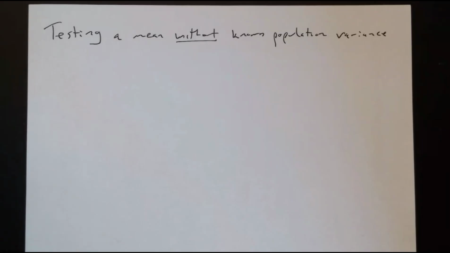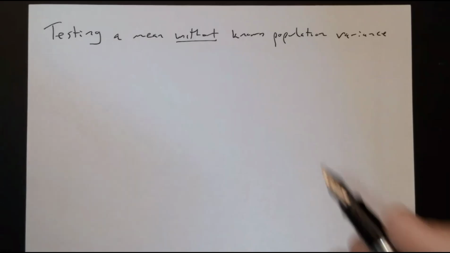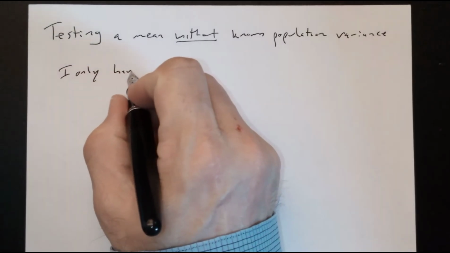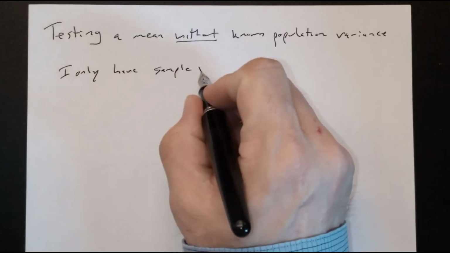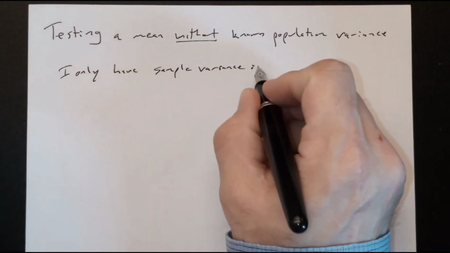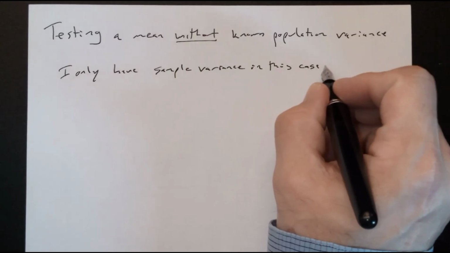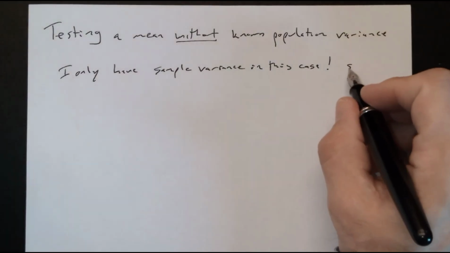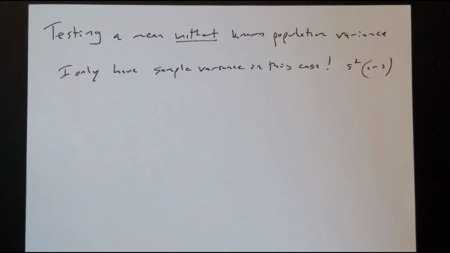That thing we did on Wednesday required us to know the population variance. What if I don't? Well, then all I really have is my sample variance. That means I don't have sigma, I have S. The variance is S squared, and I'll have the standard deviation.